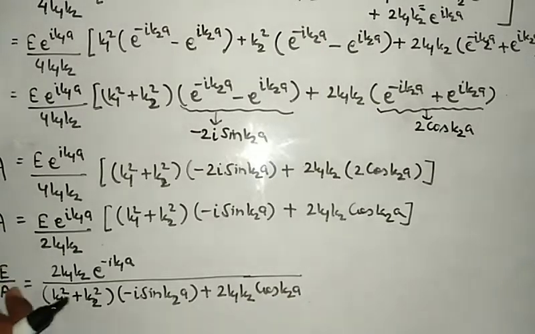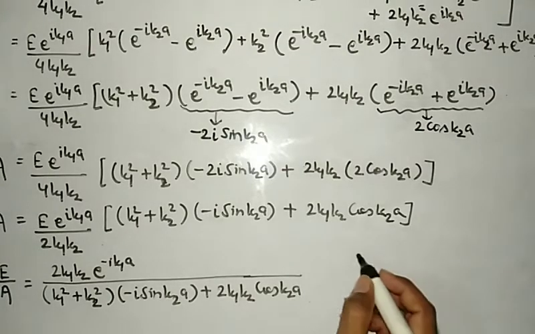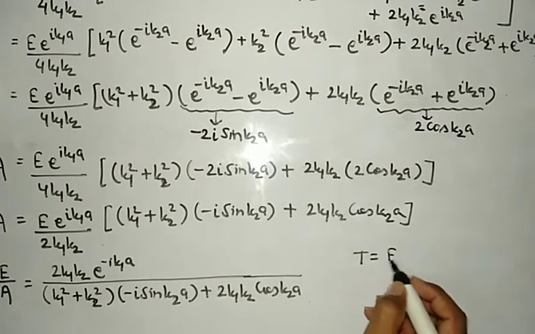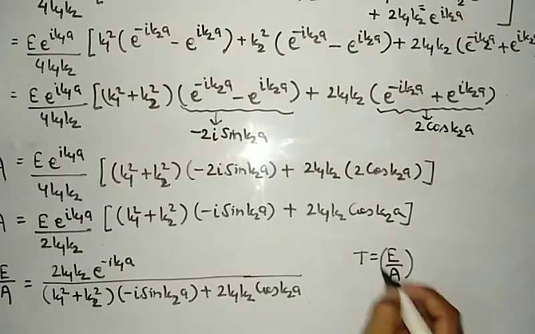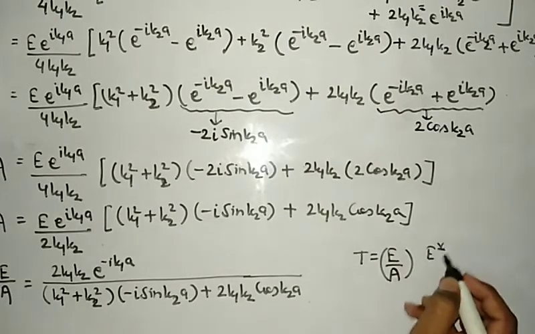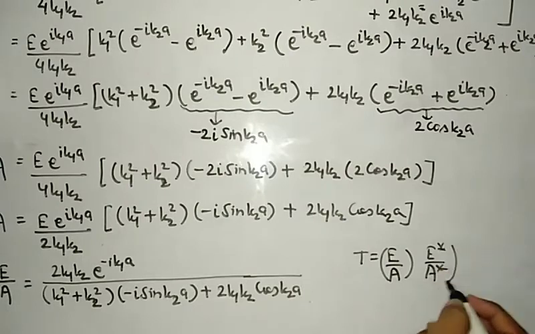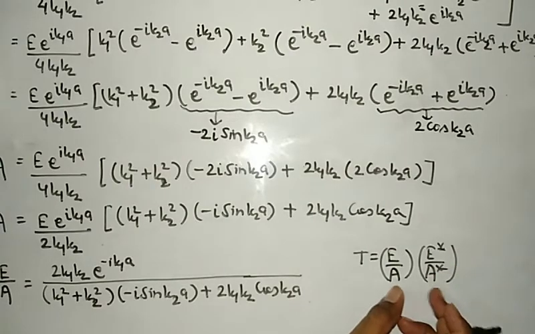So we have found e by a. As we know, what is t? T is e by a times e star by a star, that is the complex conjugate. So we have to find the complex conjugate of e by a.